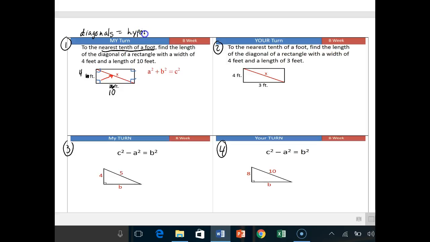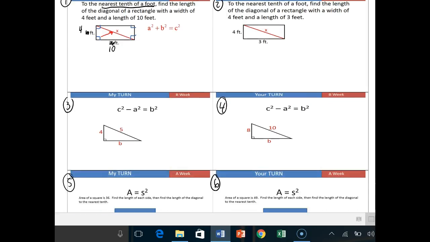So again, you're going to be using a squared plus b squared is equal to c squared. And x is the thing that we don't know, so we can say x squared. So 4 squared plus 10 squared is equal to x squared. 16 plus 100 is equal to x squared, and then 116 is equal to x squared.